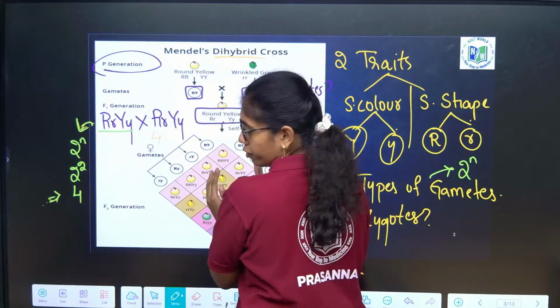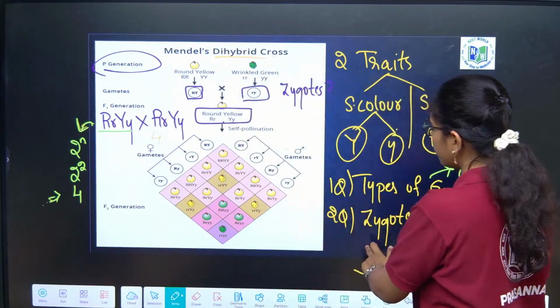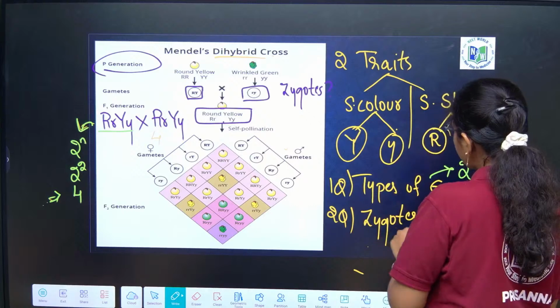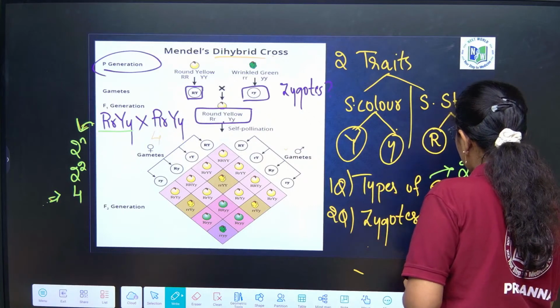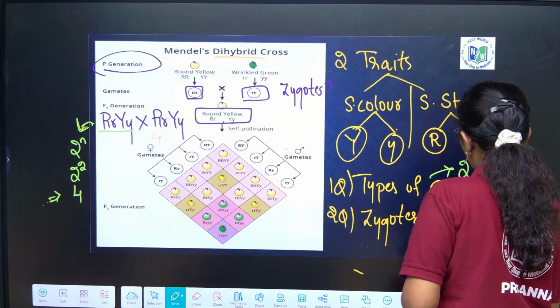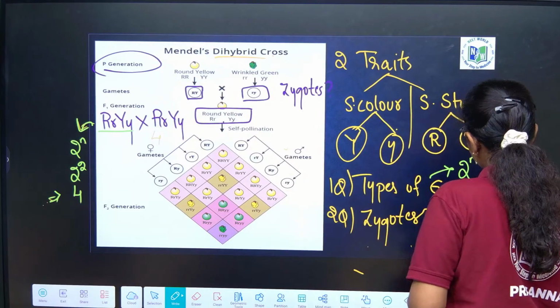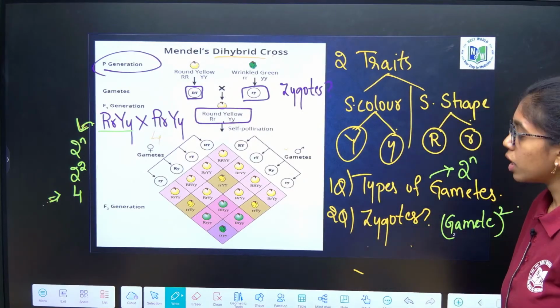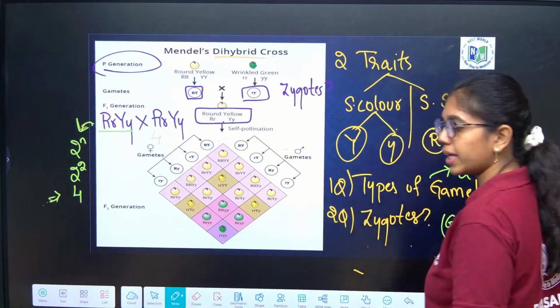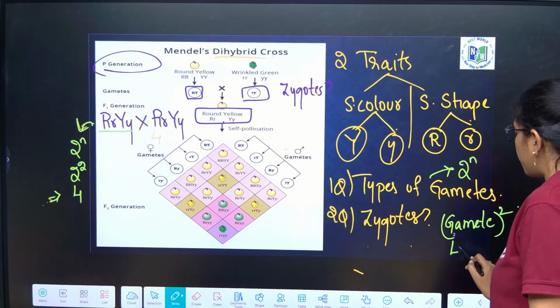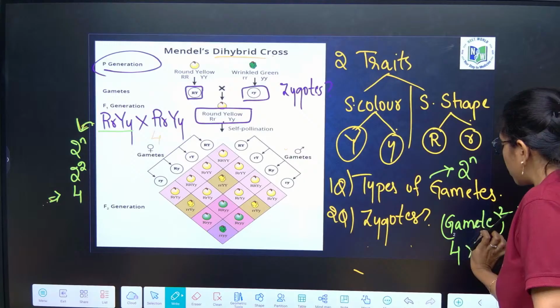In F2 generation, how many zygotes will be formed? That is the question, right? This has a formula, that is gamete square. Here female parent has how many gametes? 4. Male parent has how many gametes? 4.